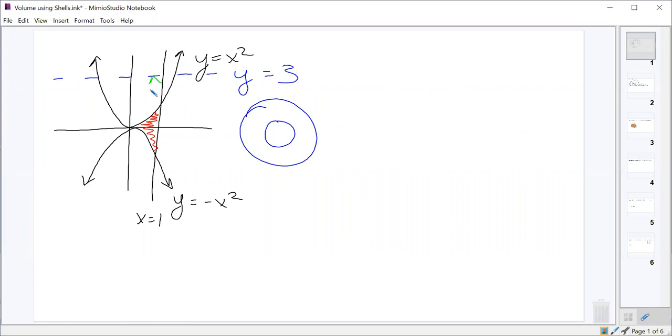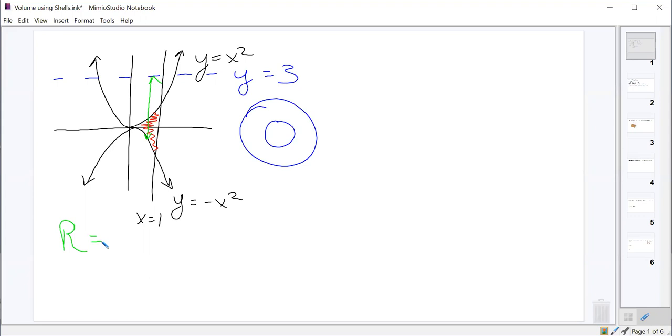Previously, the upper function or the furthest right function gave us our outer radius. Now the lower function gives us our outer radius because the line we are revolving around is above the region.